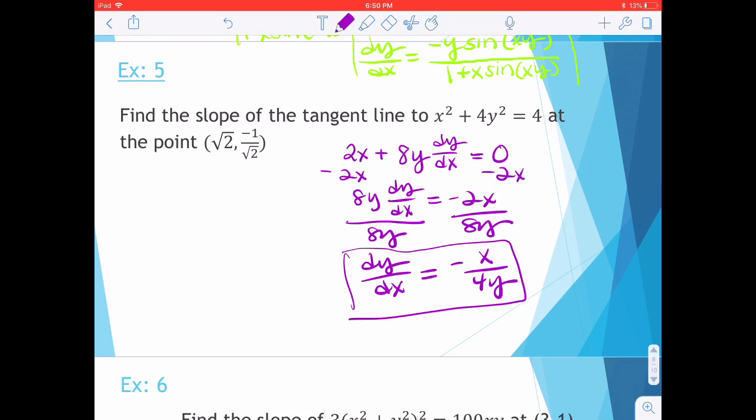So dy/dx is equal to, well, x is the square root of 2, so negative square root of 2 divided by 4 times negative 1 over square root 2.